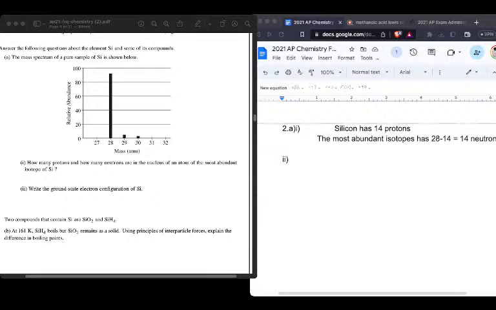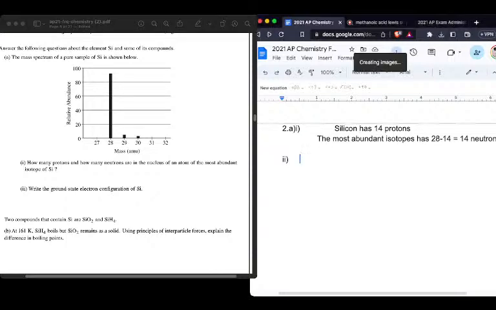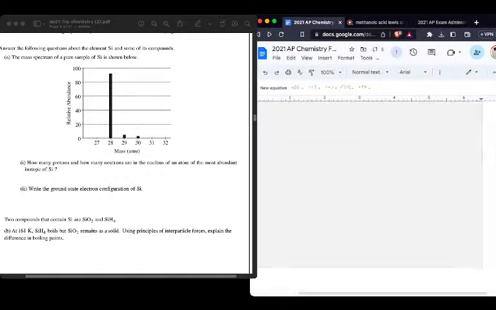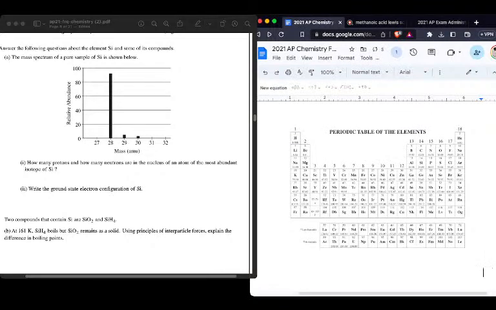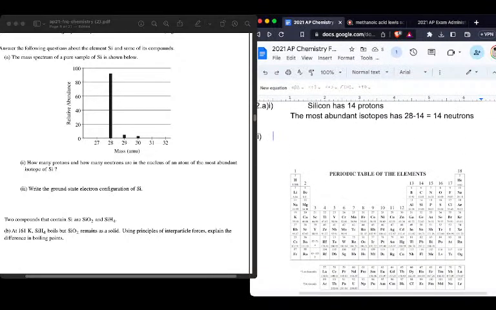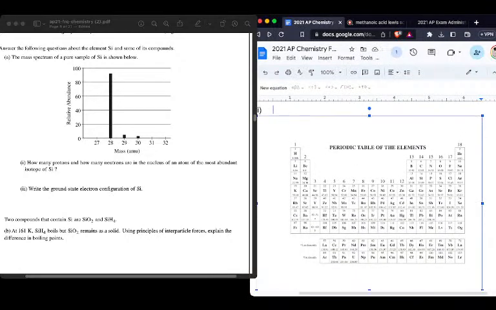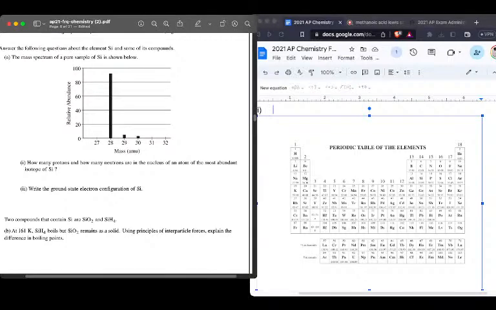Tools, rotate right, save, import. Nice. Okay, so here's that AP periodic table that we're talking about. We've got to get to silicon. The very first two, oh, my computer's having a bad time starting now. No dropped frames. We're still doing great.